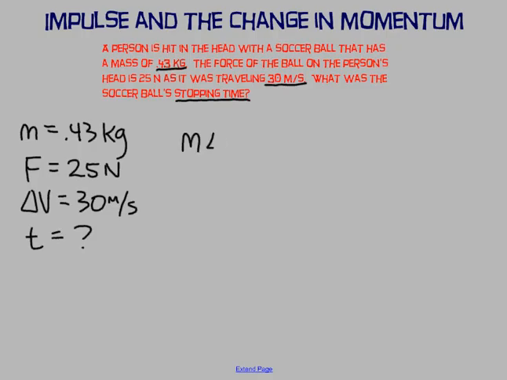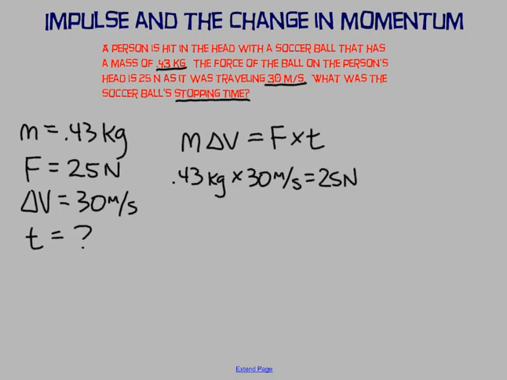All right, let's set this up again. Remember that m delta v, which is the change in momentum, is equal to the impulse, which is force times time. So we have 0.43 kilograms times our velocity of 30 meters per second. We know that we have a force of 25 newtons being applied by the person's head, and we don't know our time.